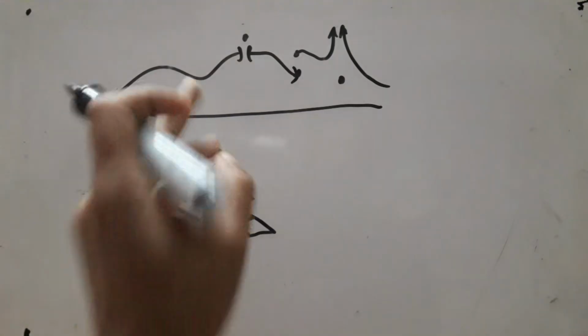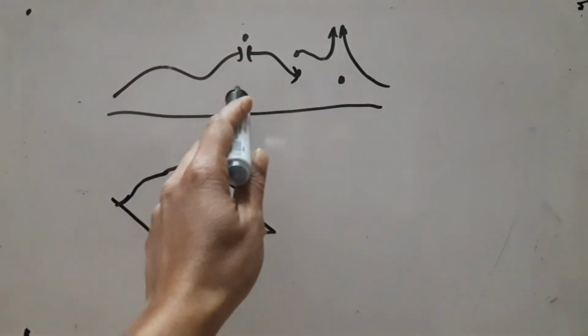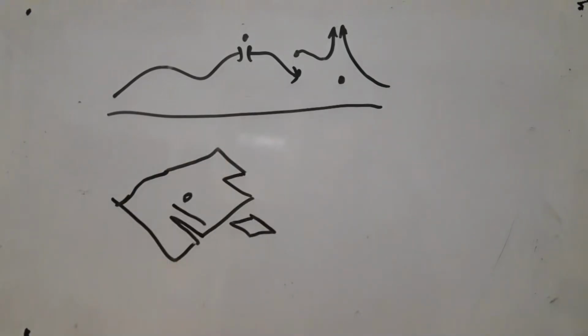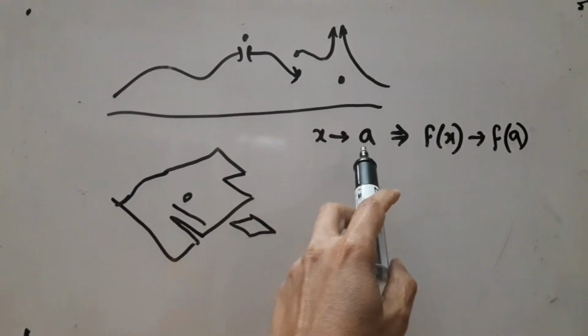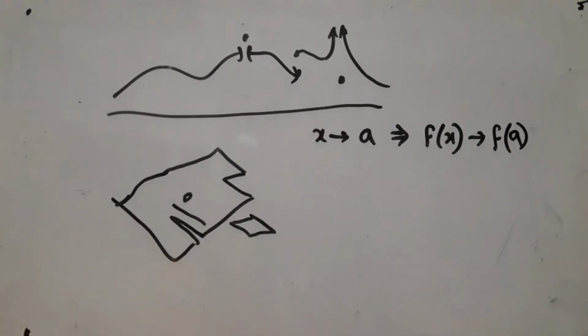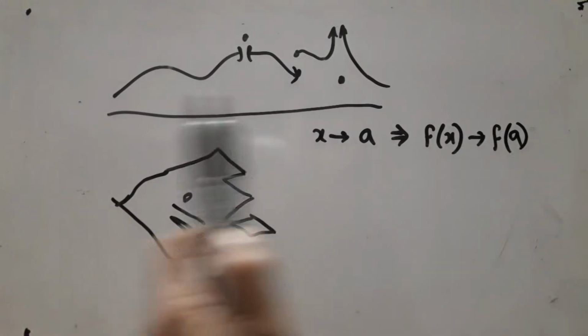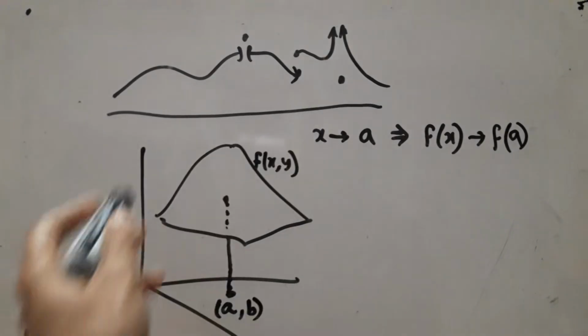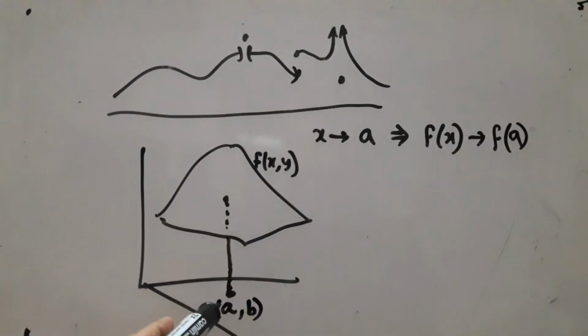When you want to think rigorously, in case of univariate thing, you can think in it in terms of limits. When x approaches a point a, f(x) should approach the corresponding value f(a). That means it is continuous at a. The same thing is true even for bivariate case. This is your function and here is a point (a,b).